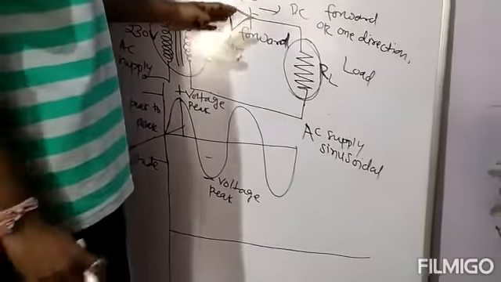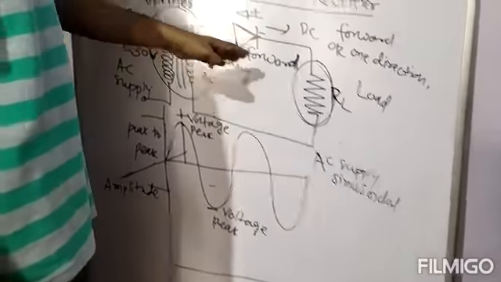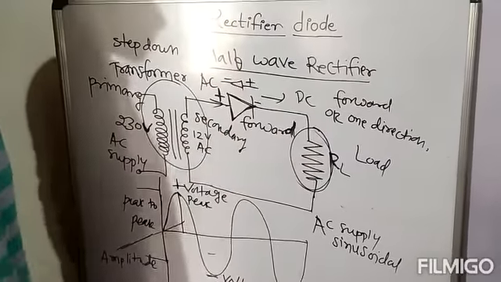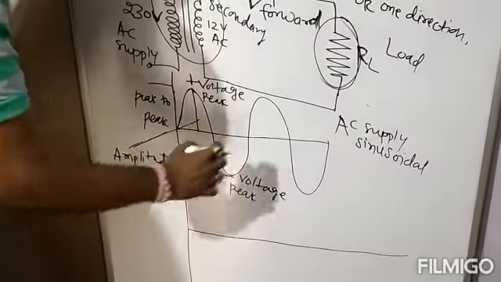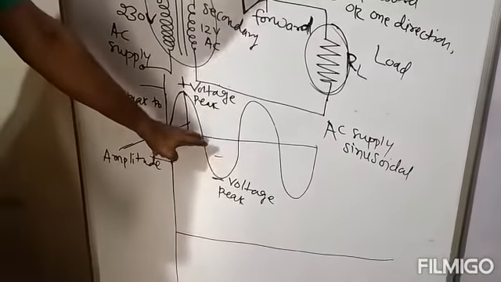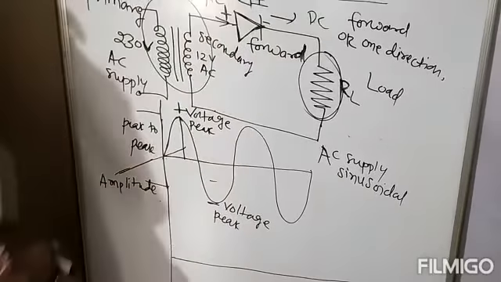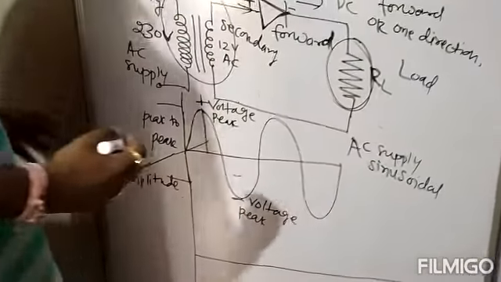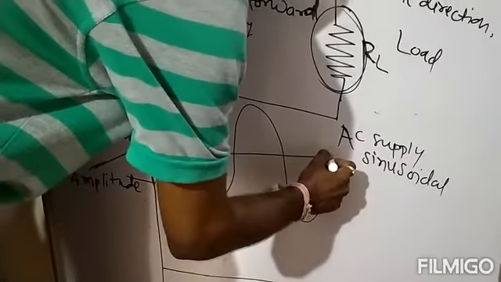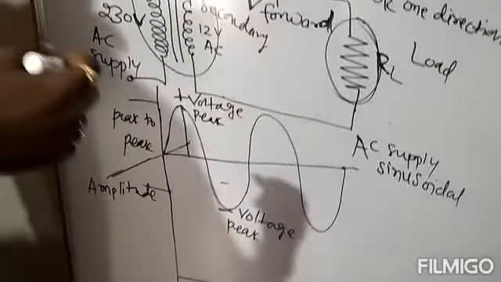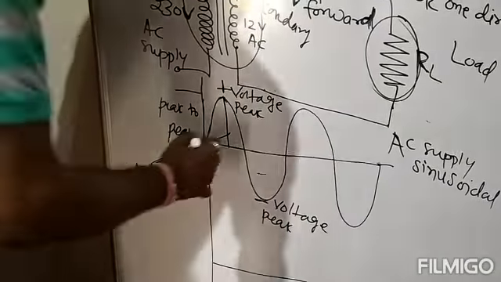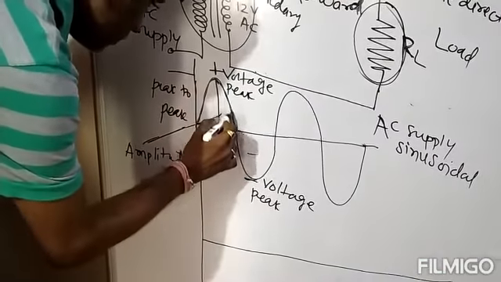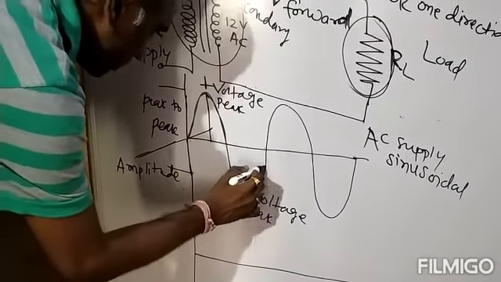Now, the main question is how this diode converts an AC supply to a DC supply. For this, come to the waveform. From this waveform we can easily understand how AC supply is converted into a DC supply. This is an AC waveform in the form of a sinusoidal wave.